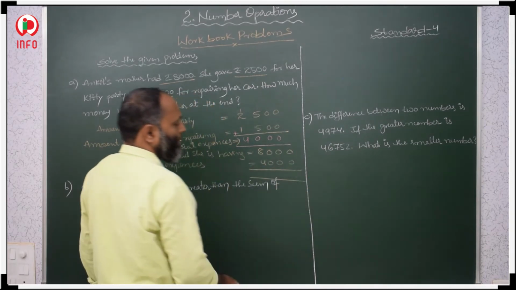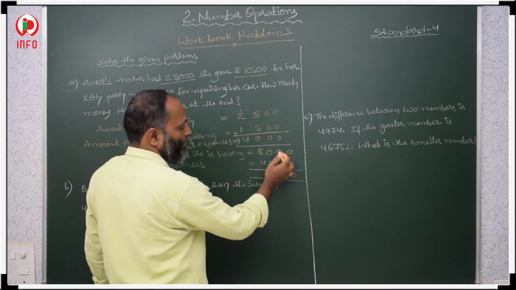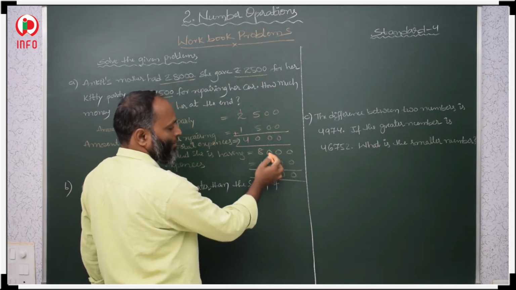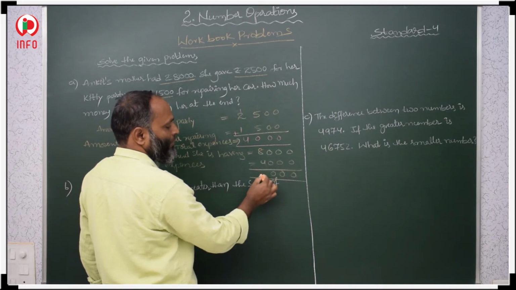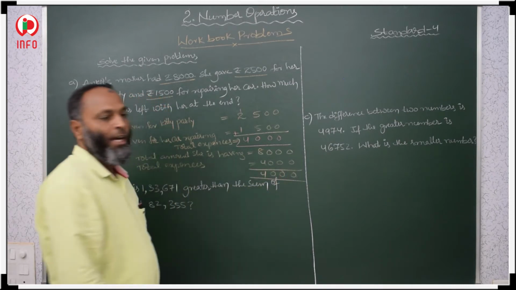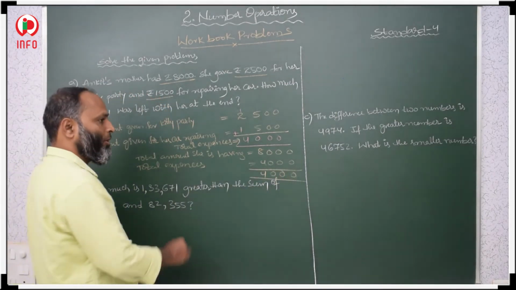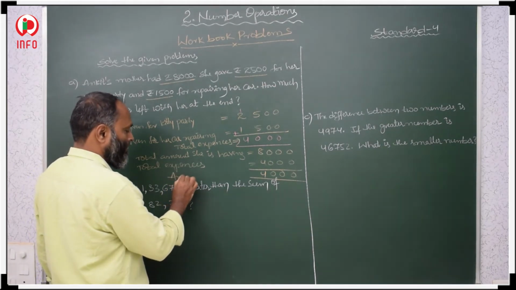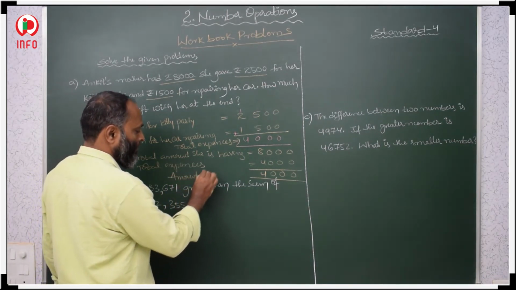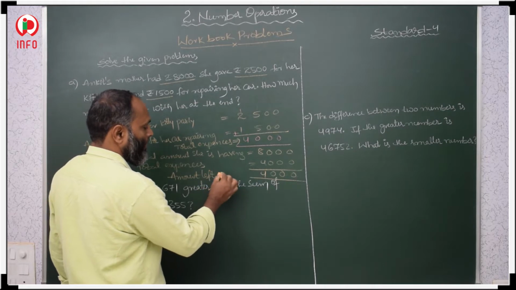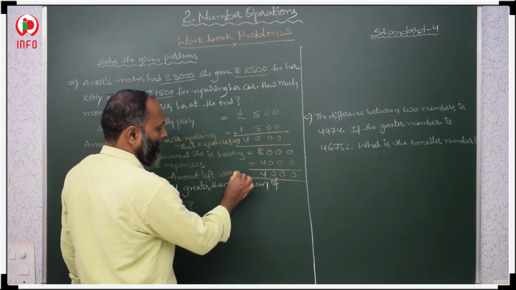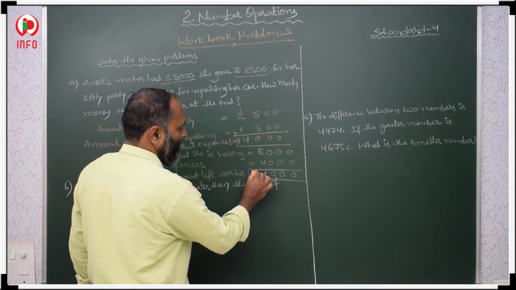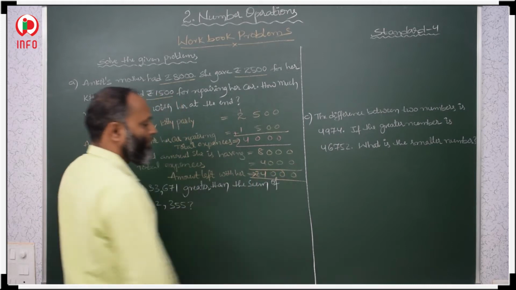Next, 0 minus 0, 0. 0 minus 0, 0. 8 minus 4, 4. Amount left with her is rupees 4,000.